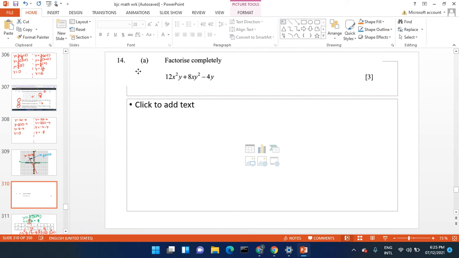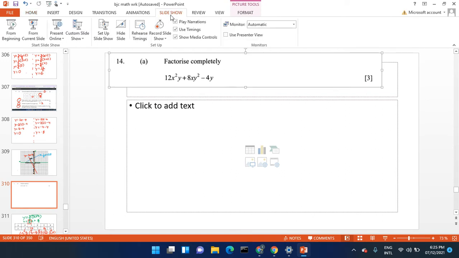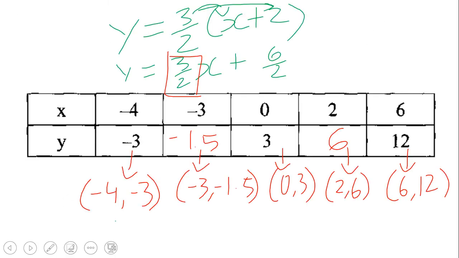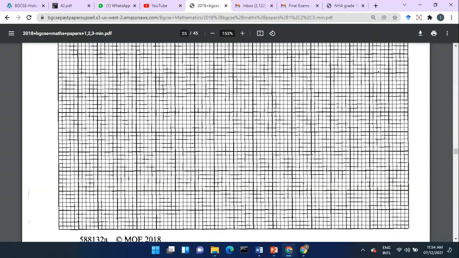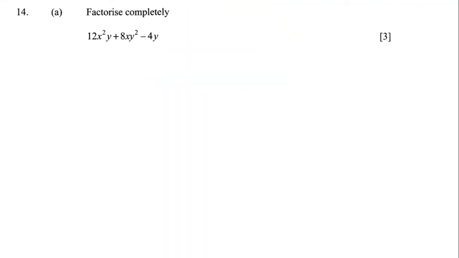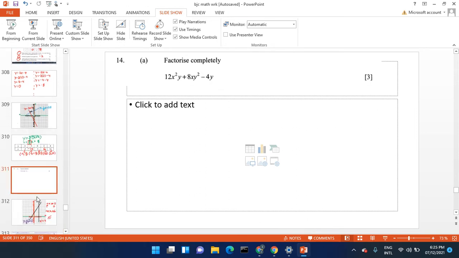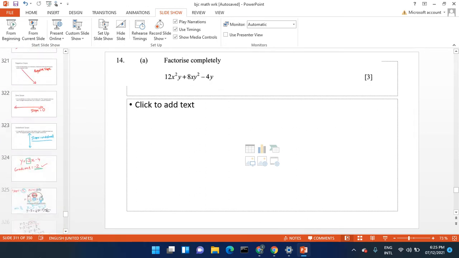All right, so let's look at this question. It says factorize completely. This is for 3 points, by the way. Sorry, let me bring this all the way down here so that I have enough space.